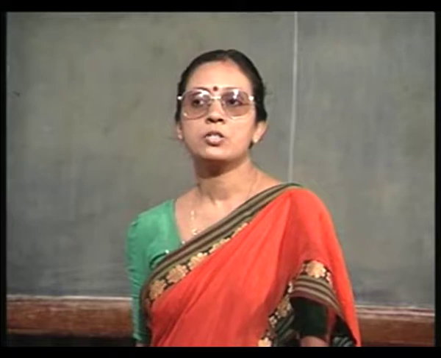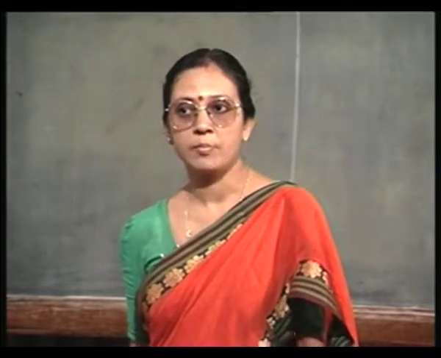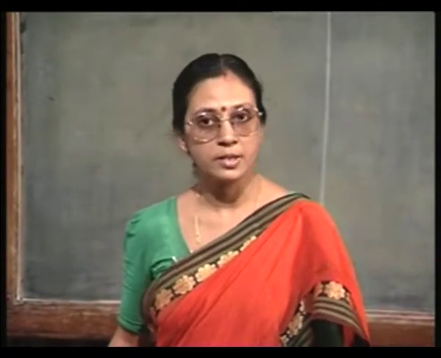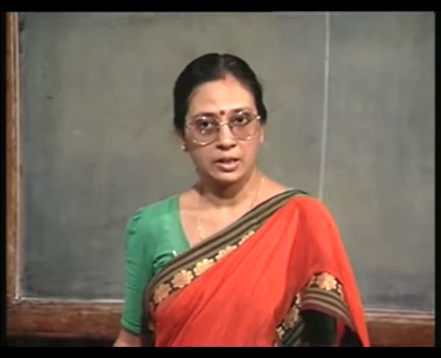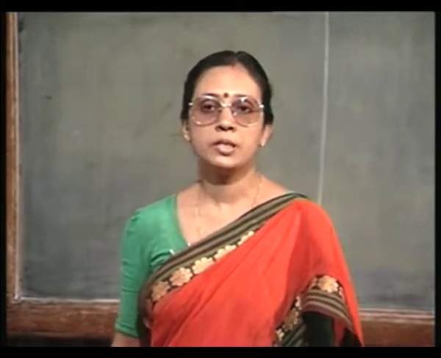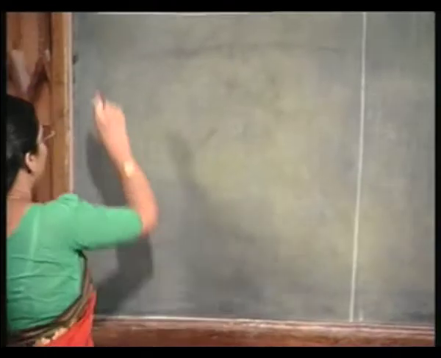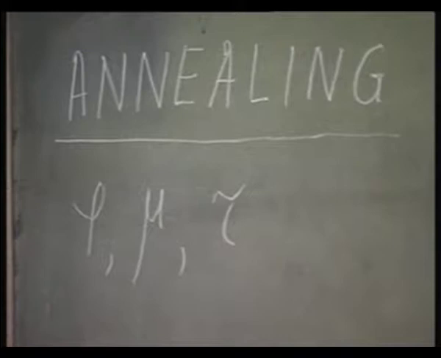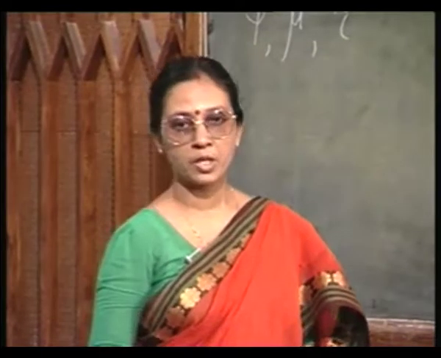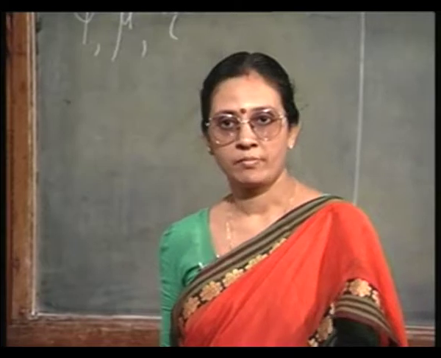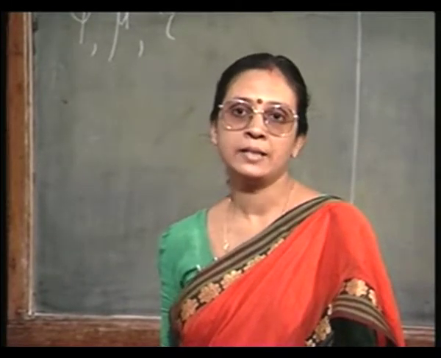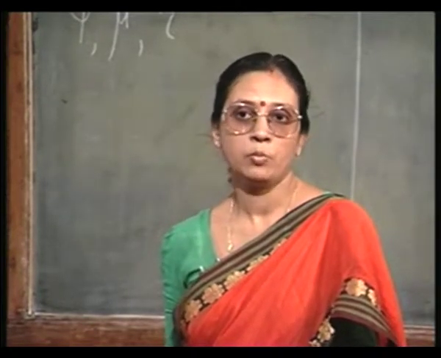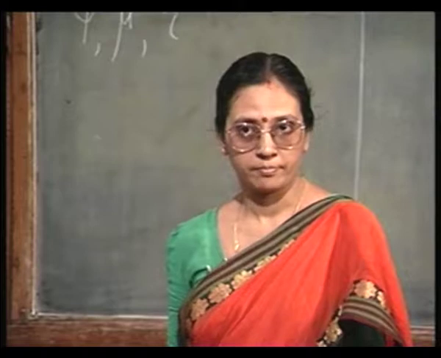Secondly, because of the highly disordered damaged region, the mobility of the carriers will be extremely low. So, mu is the next casualty. And finally, of course, the lifetime. These three important parameters, rho, mu and tau, our aim will be to get back the required levels of conductivity, mobility and lifetime.